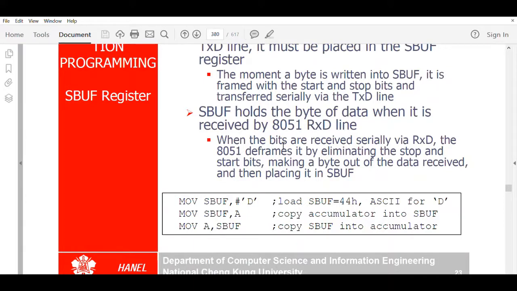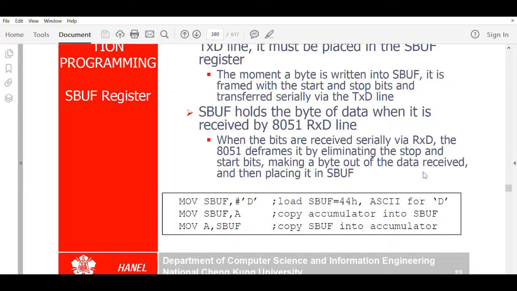Now how do you do all this? You have an instruction like MOV SBUF, #'D', where D is an ASCII character. So SBUF will get the value D. We know A is 41, B is 42, C is 43 and D is 44.